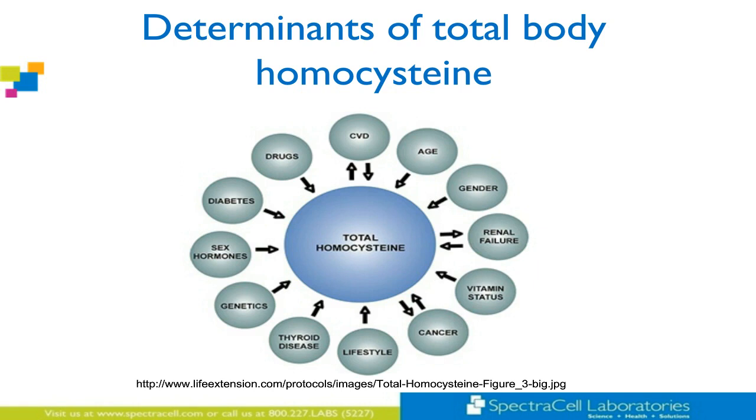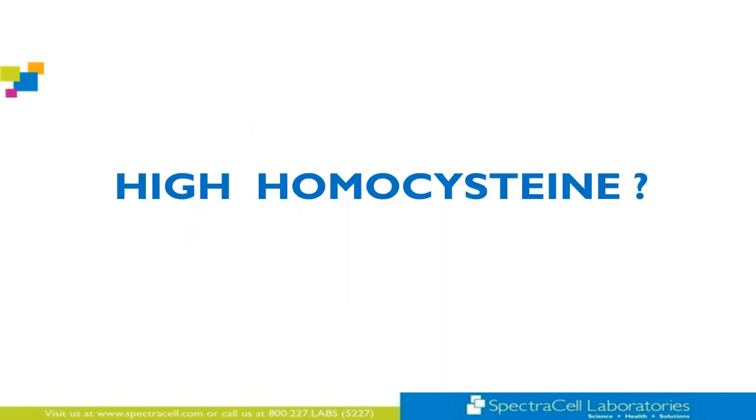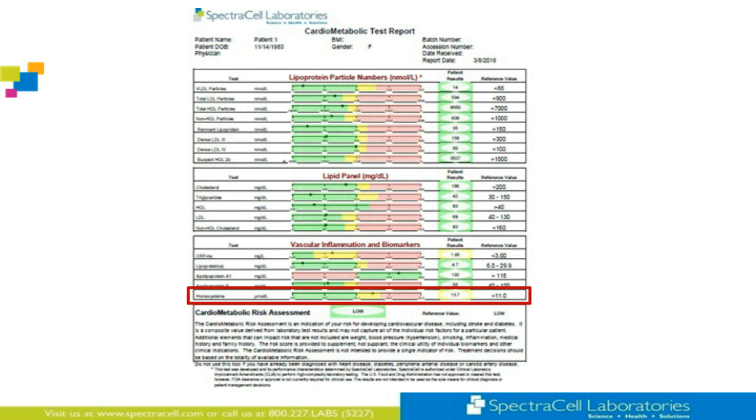So let's talk about what we do if we have a high homocysteine, the thought process of what that means, how we can interpret it, and how it gets back to basic nutrients. Here is a sample of a SpectraCell cardiometabolic report, and I have outlined in red where we find a homocysteine level.